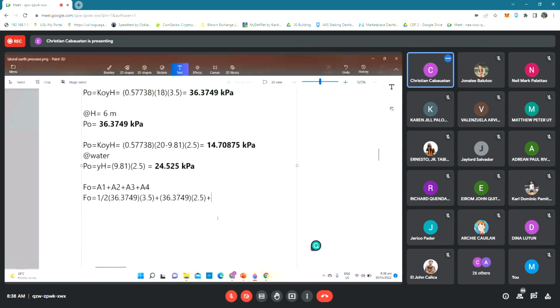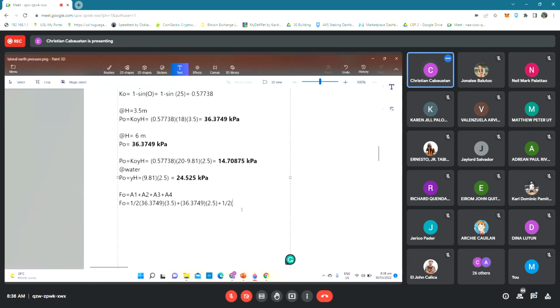So 1/2 times 14.70875 multiplied by 2.5, and then add na natin si water, which is 1/2 times 24.525 times 2.5.